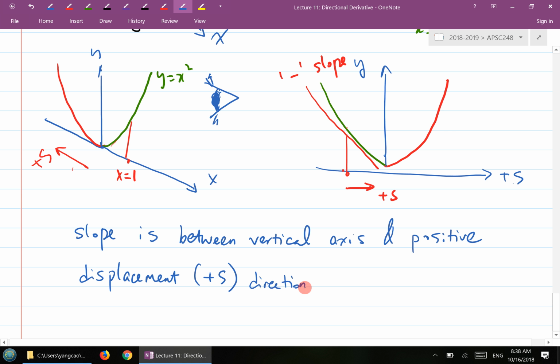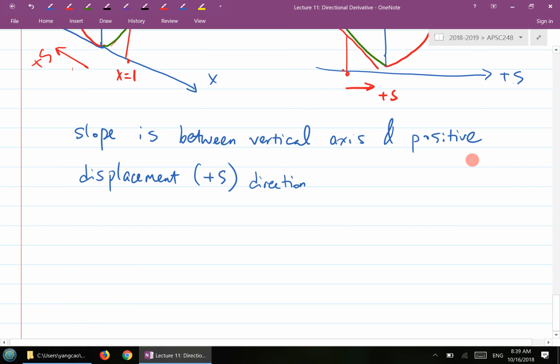You establish a coordinate system between the vertical axis and the positive displacement axis. There has to be a curve that you can draw within this new coordinate system, and then you look at the slope of that curve within this new system, and that basically gives us the so-called directional derivative here.